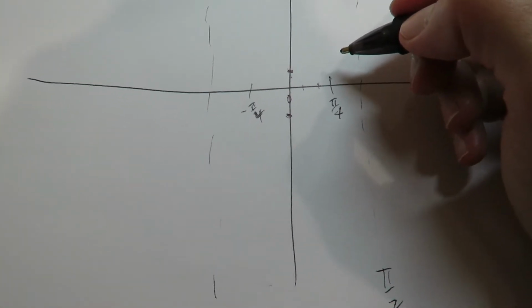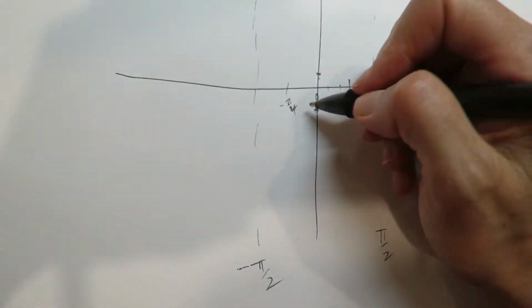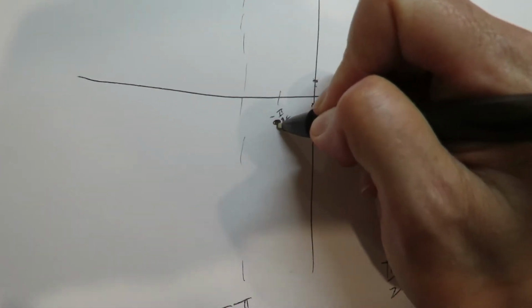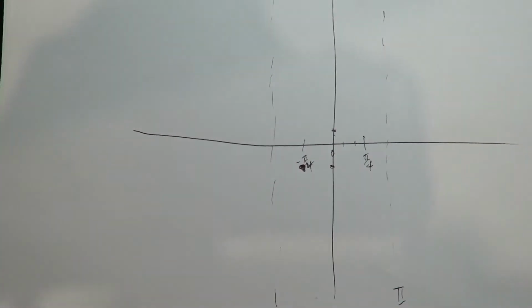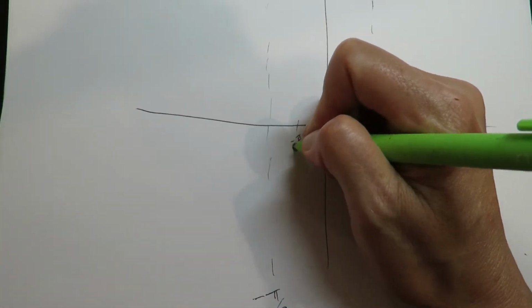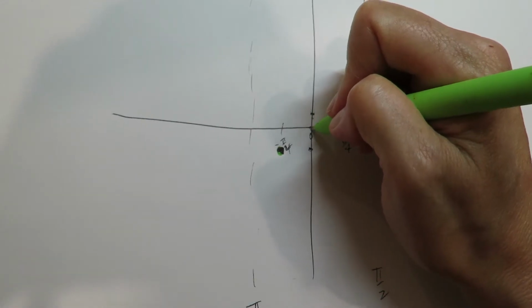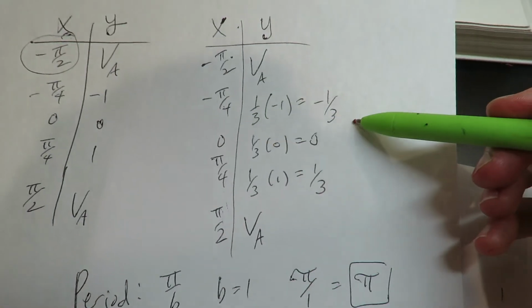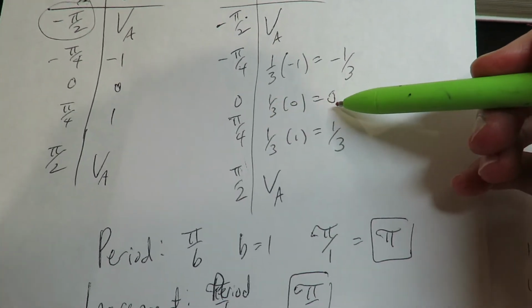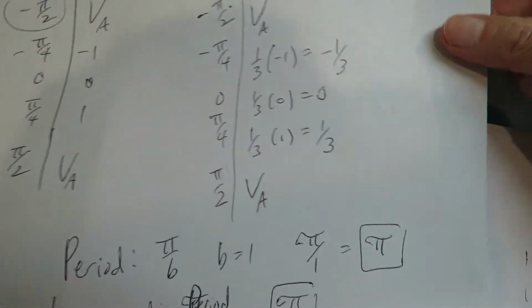All right. So then, if I put down the other values, so then negative pi over 4 and negative 1/3. Oh, now I'm putting down the points. Before I was just trying to get the increments correct. All right, so I'm putting down these values. So I'm doing like negative pi over 4 and 1/3. I'm doing 0 and 0 and pi over 4 and 1/3.